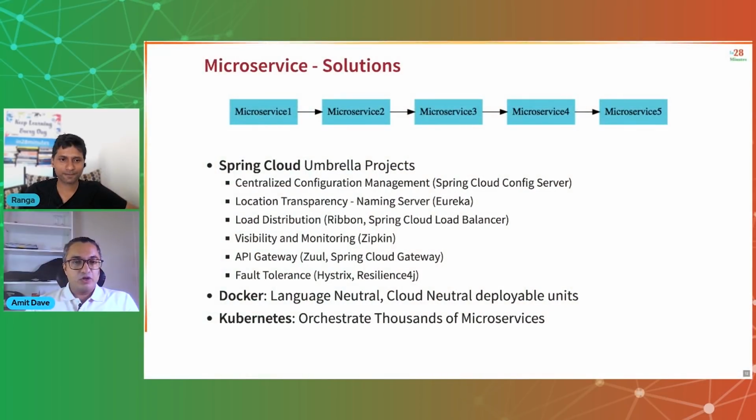And it was language neutral, right? It does not matter what the microservice is built in. As long as you have a Docker image or an OCI compatible image, you can run it in your Kubernetes cluster.